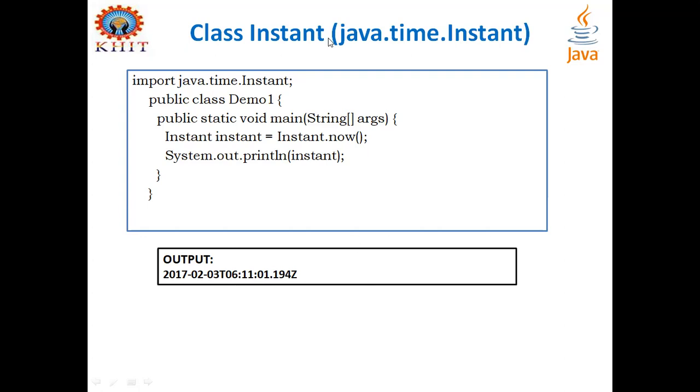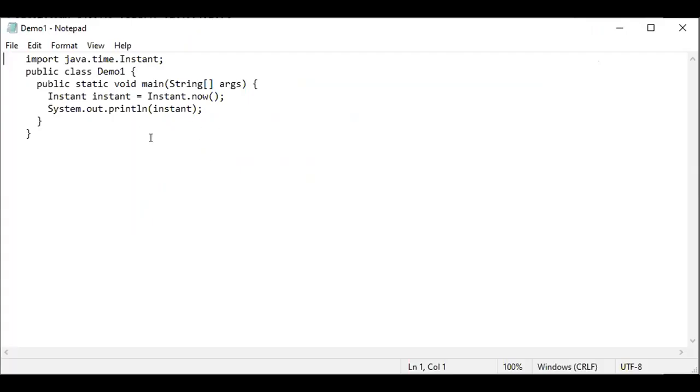So go and check this one, compiling and executing this program. Here it is: Instant object creation, Instant.now, and displaying the instant. Go to the command prompt.